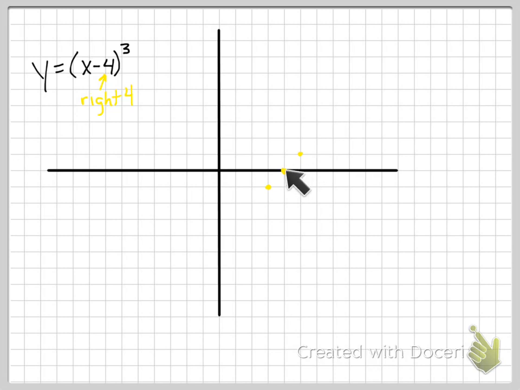But I can see that it's not, because when I go right 2, I have to go up 8, and when I go left 2, I have to go down 8. So this is definitely not a straight line. It has to come up and curve this way and then keep going up. So this is what this graph looks like. This is a cubic function.